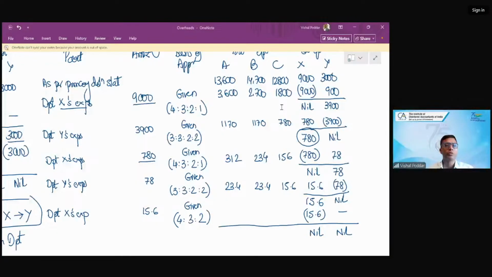The main question is when to decide to do this. The answer is when the distribution becomes a very small value, a single digit value, maybe 2 rupees, 3 rupees. Like right now, if I distribute this further to y, it will get a very small value, 1, 2, 3 rupees.